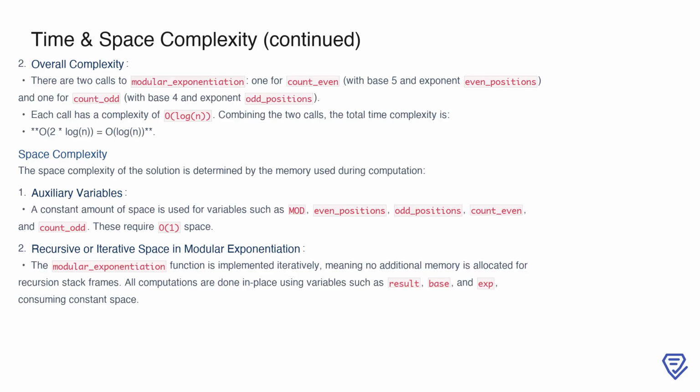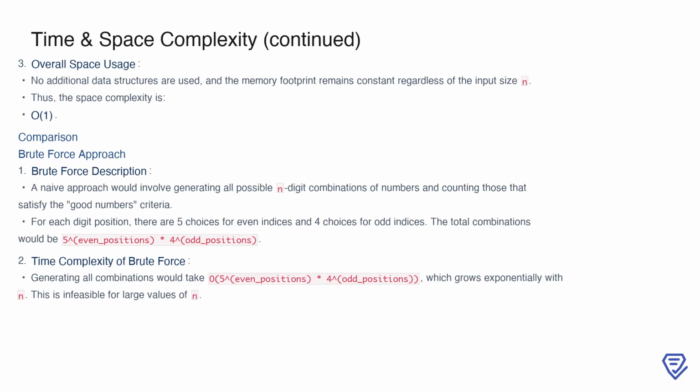Additionally, the modular_exponentiation function is implemented iteratively, so there is no extra space used for recursion. All computations are performed in place, ensuring that the space complexity remains constant. When we consider the overall space usage, we find that the solution does not rely on any additional data structures, and the amount of memory used does not grow with the input size n. Therefore, the space complexity is O(1).